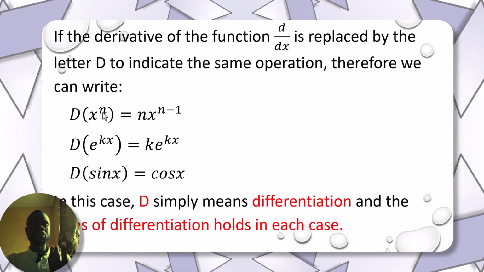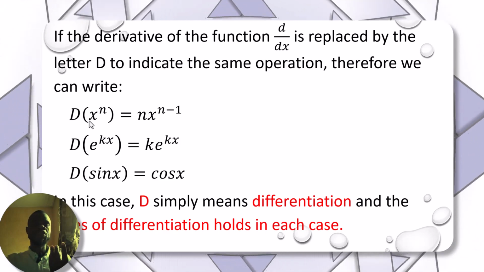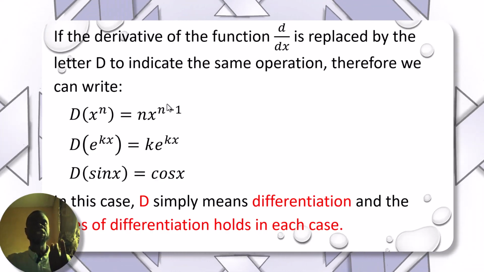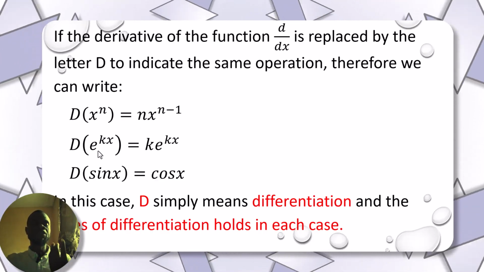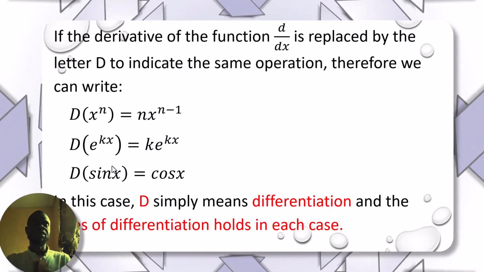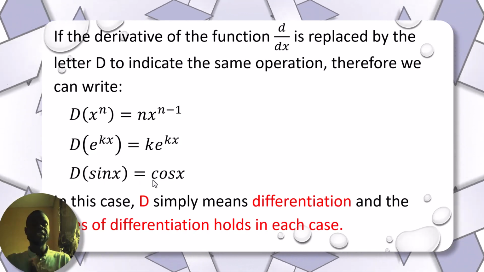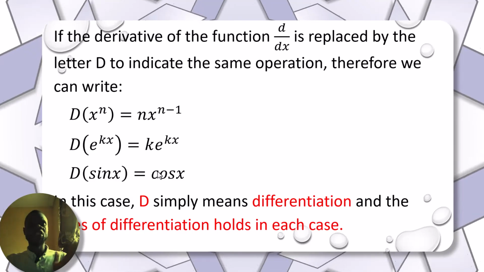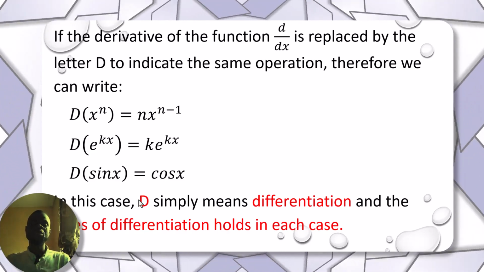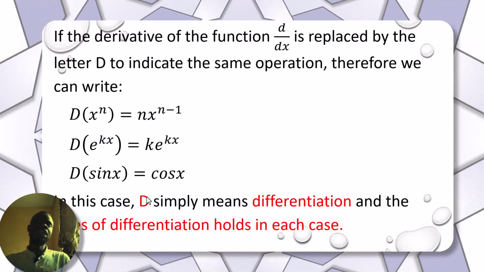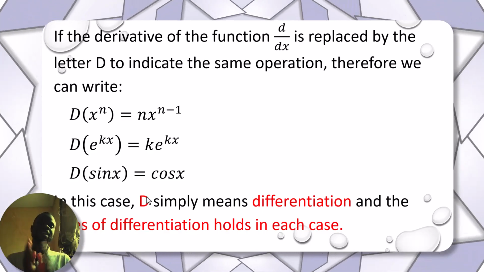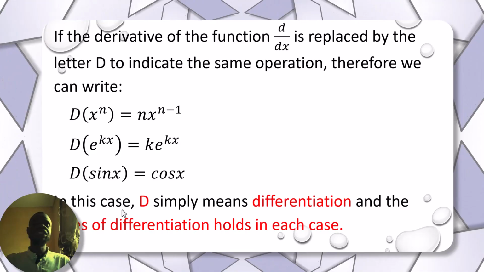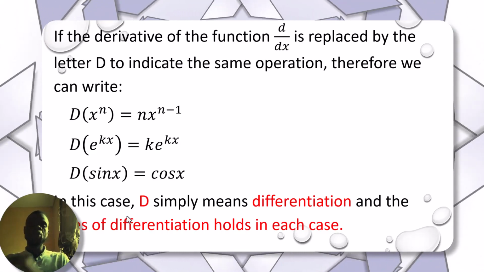So we have n here, which will come down to multiply, and then we reduce the power by 1. Then for e to the power of kx it is still the same thing, just like the differentiation of sine x. So in this case, the D simply means differentiation. This is just trying to reduce the complexity of some of the equations that we may encounter.